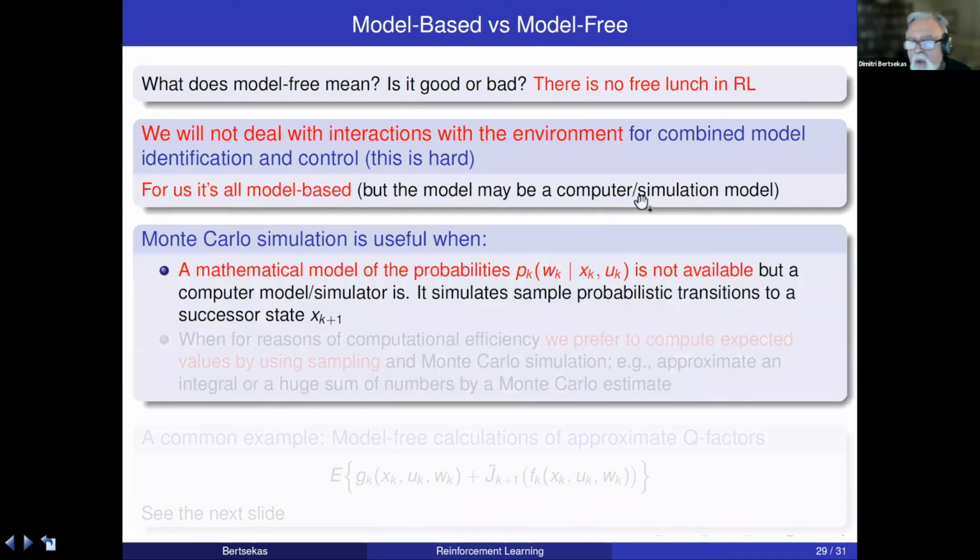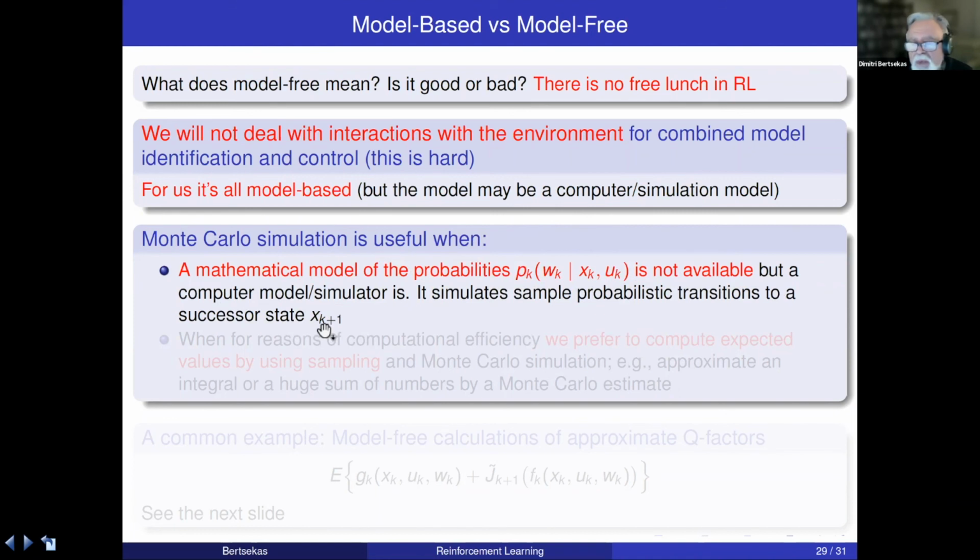Now, when you have a computer model and you use simulation, this is useful when the mathematical model of the probabilities underlying the problem is not available, but you have the simulator, and then you can simulate sample transition probabilities.